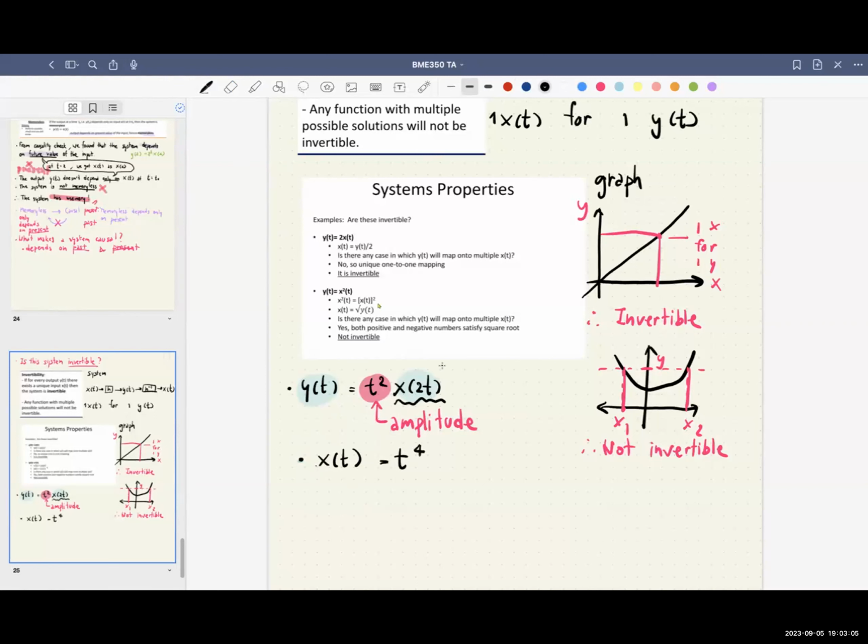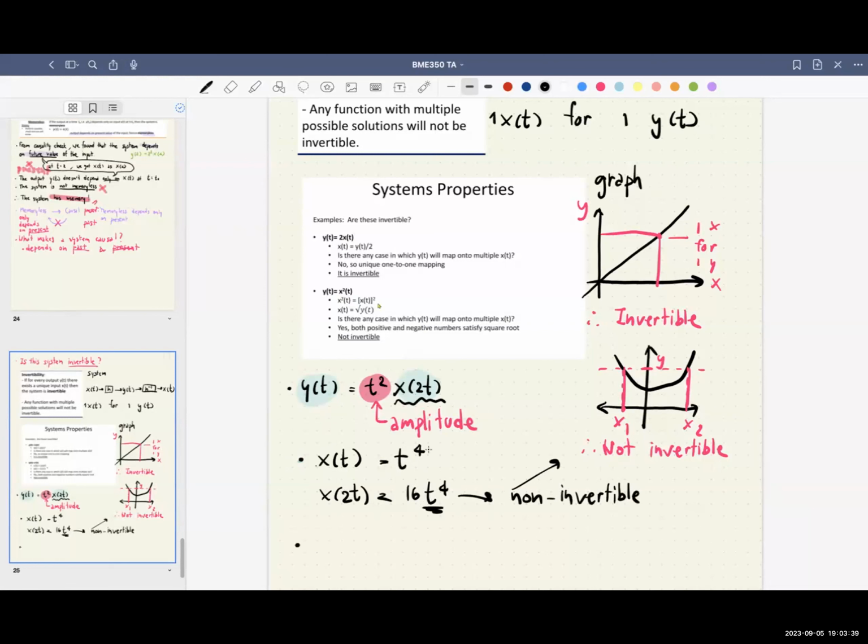It doesn't specify to us in the question, so we gotta be careful. If we have x(t) equal t to the power of 4, x(2t) is gonna be 16 t to the power of 4. In this case, it's gonna be non-invertible, because it's non-linear.